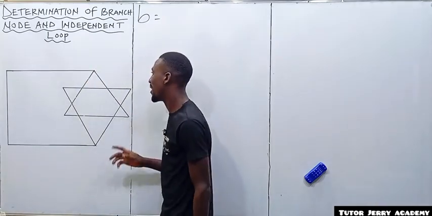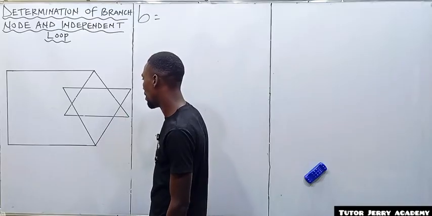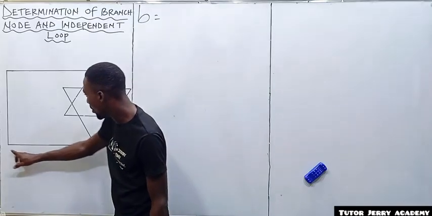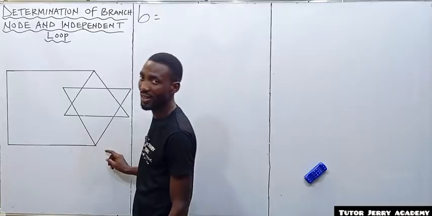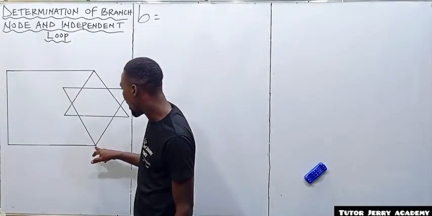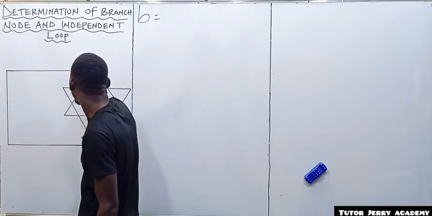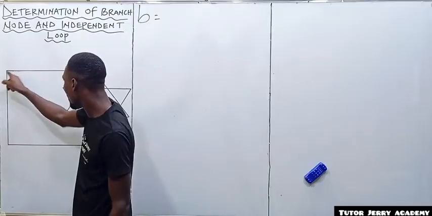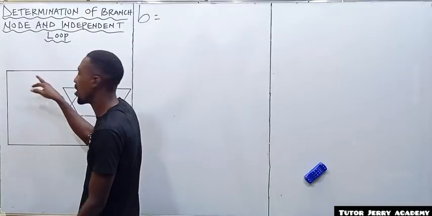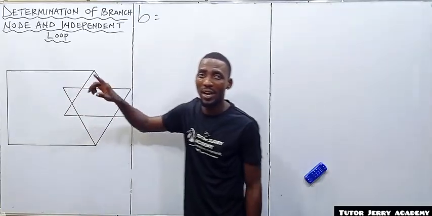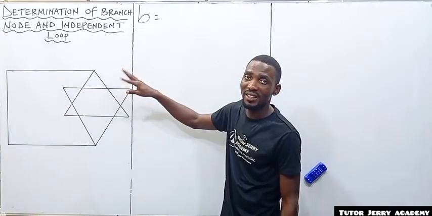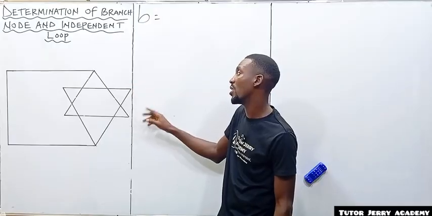Now, if you look at this diagram carefully, you are going to observe that this is a short circuit, and then we're having a node here, also a node here, and also a node here. So in between these two nodes, we are also going to have either a resistor, a voltage source, or a current source.